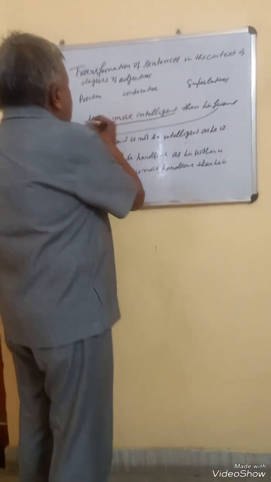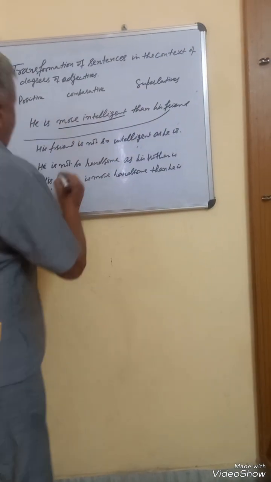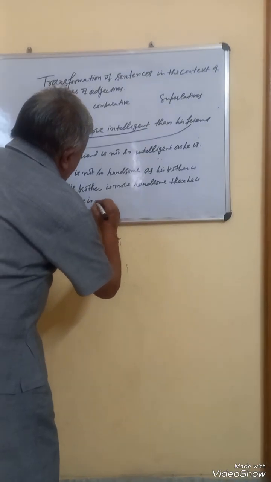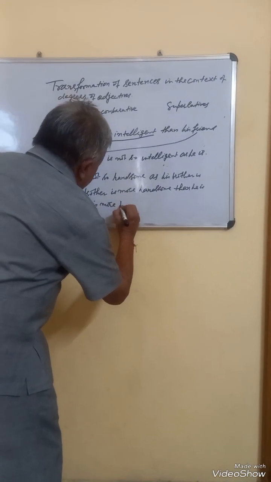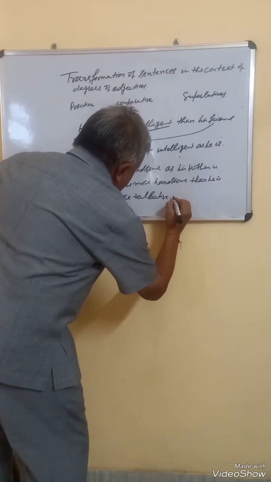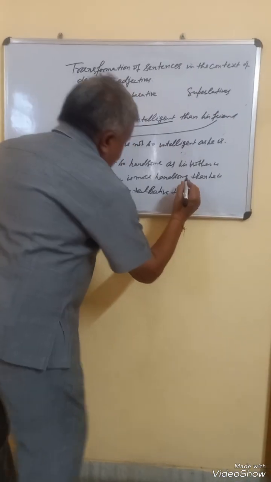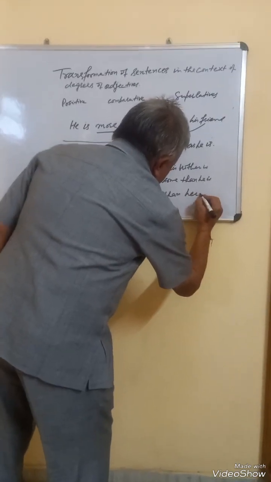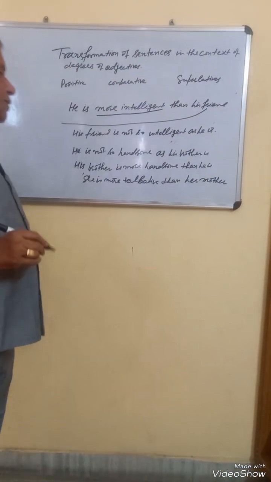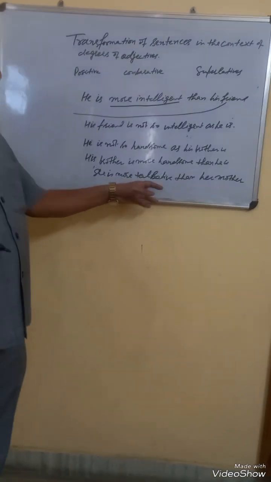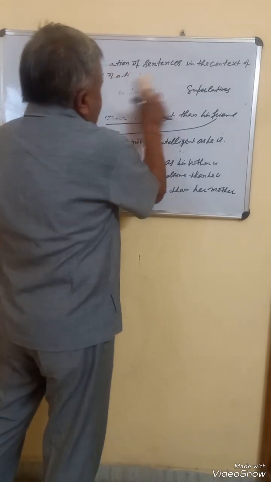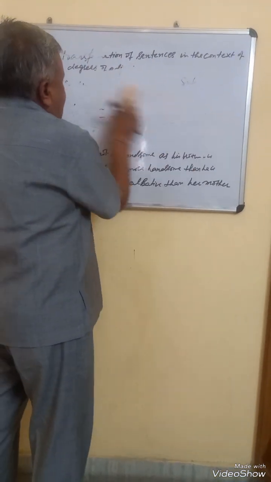Similarly, we can say in the sentence we are given, she is more talkative than her brother. Now more talkative is comparative degree and we are to transform this comparative degree into positive degree.